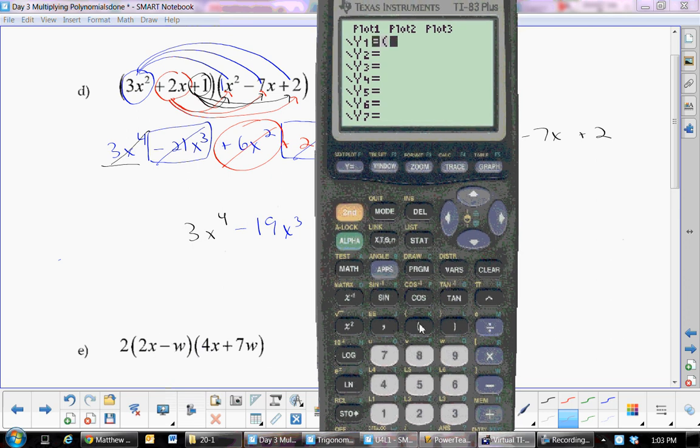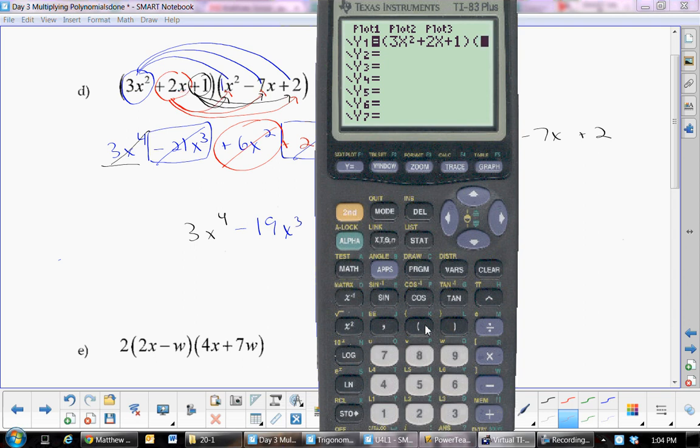So you're going to put a bracket, and then it's 3x, and the squared button is right there, plus 2x plus 1. Shut that bracket. Open another bracket.